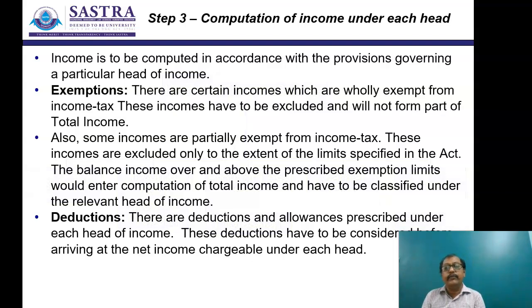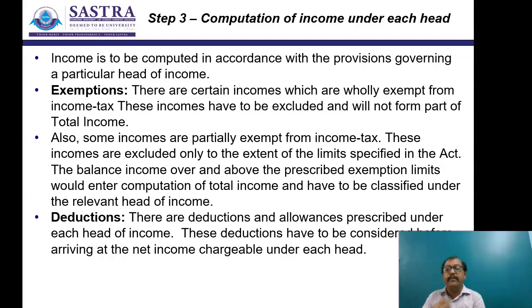Now, computation of income under each head has to be done. Income is to be computed in accordance with the provisions governing the particular head of income. Because sometimes when you have salary, exemptions might be given to salaried people alone. Some exemptions might be given to persons doing business alone.